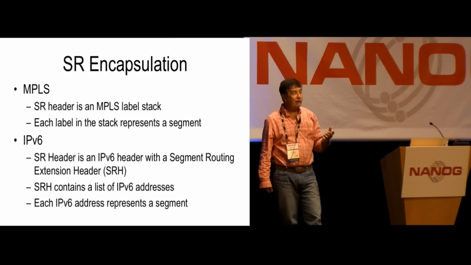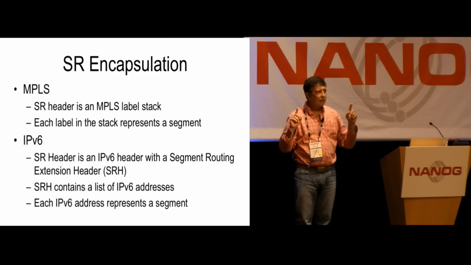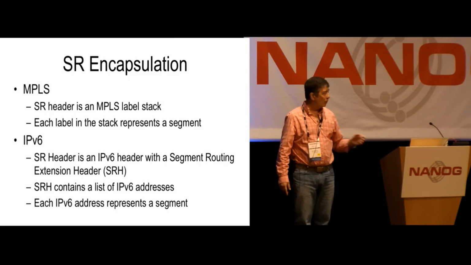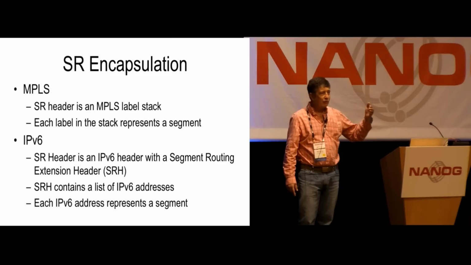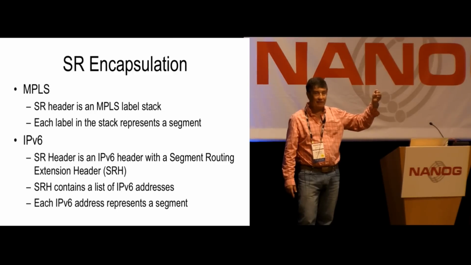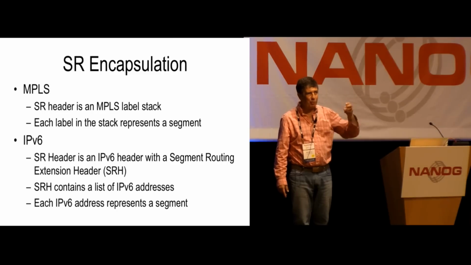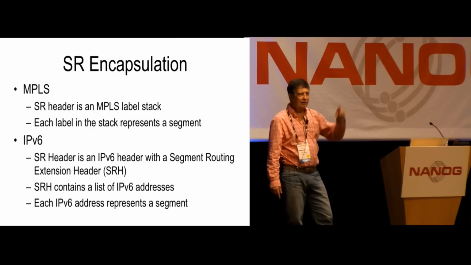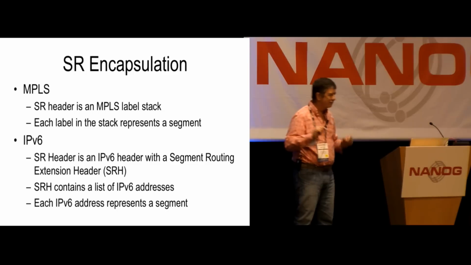Okay, in IPv4, the option has a bunch of IP addresses in it. Each IP address really represents the end of a segment that you must visit. Well, in MPLS, we do exactly the same thing. The ingress router imposes a label stack. Each label gets you to the endpoint of a segment. And the network has enough information in it to get you from each segment ingress to each segment egress.